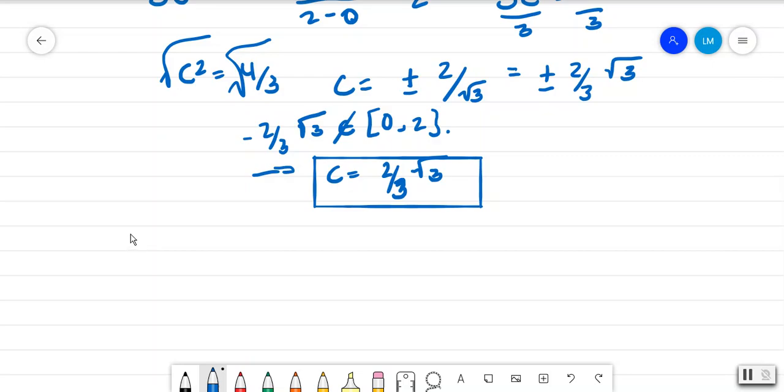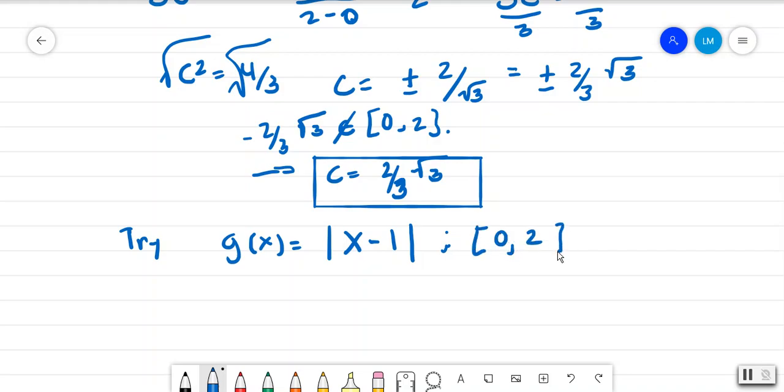So, for instance, let's say that you want to try the equation g of x equals the absolute value of x minus 1, on the bounded interval from 0 to 2, and see what happens.